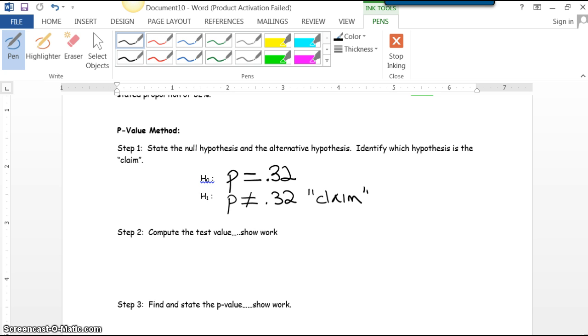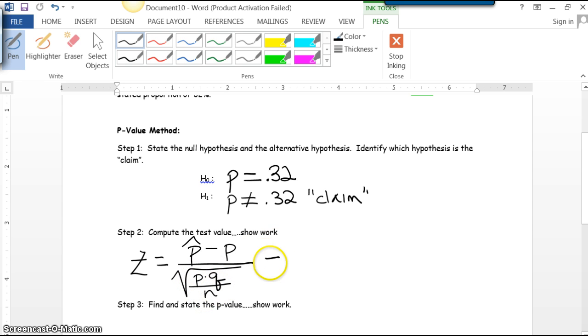We're going to calculate a test value, and the formula is: we take p hat and subtract the hypothesized proportion, and then in the denominator we'll have the hypothesized proportion times its complement over the sample size.